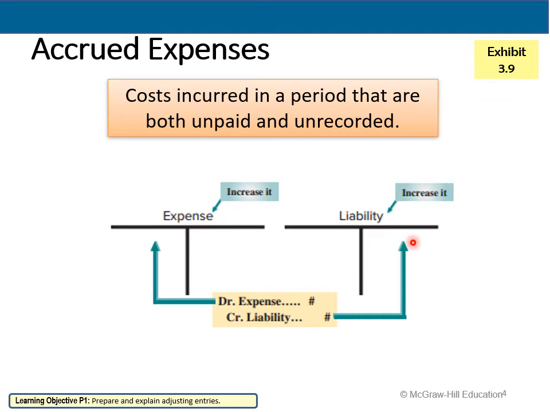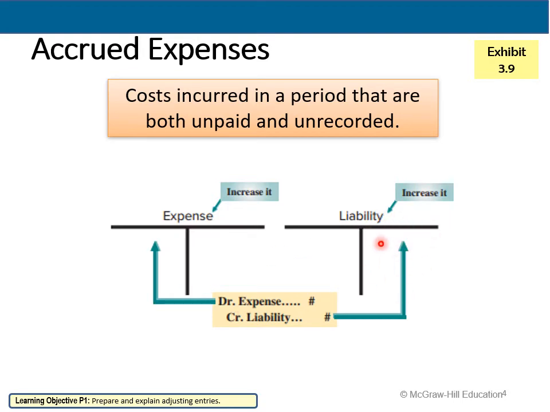Accrued expenses. Accrued expenses are expenses that haven't yet been paid. This is the example of you get the utility bill at the end of the month and it has not yet been paid. You haven't written a check for it. Well, an accrued expense is a liability, right?